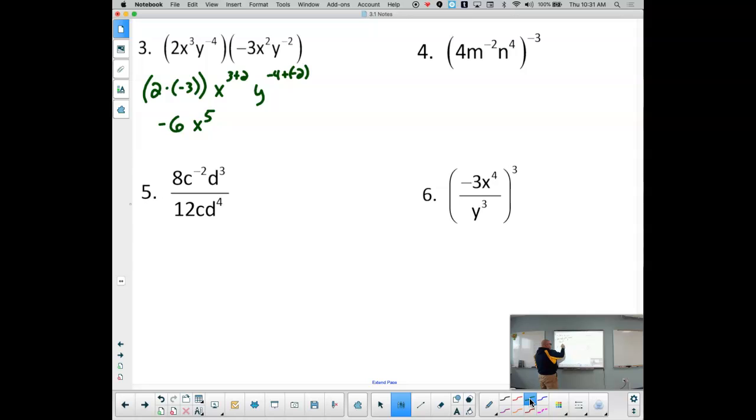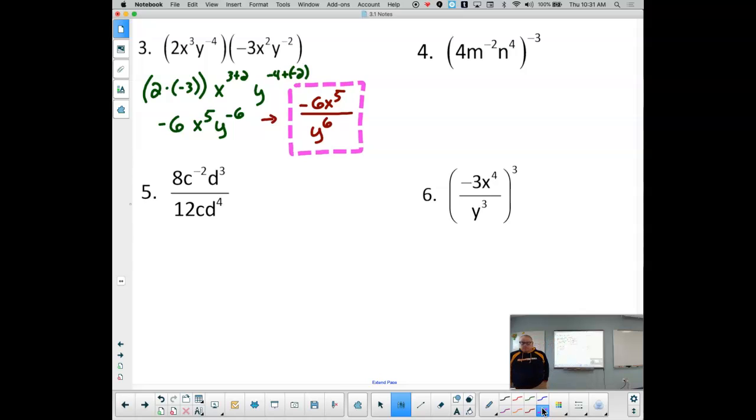Negative 4 plus negative 2 is negative 6. So I get here as an answer negative 6x to the 5th all over y to the 6th because we want positive exponents on everything.